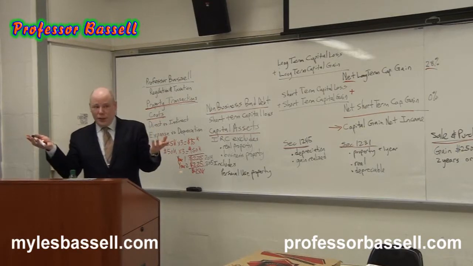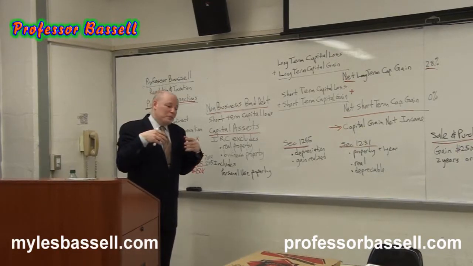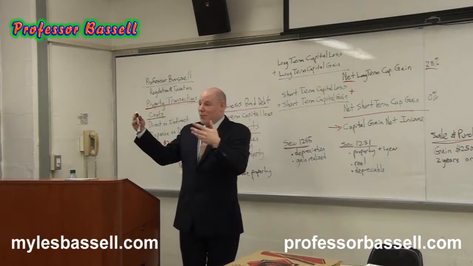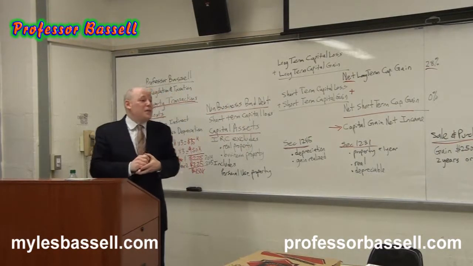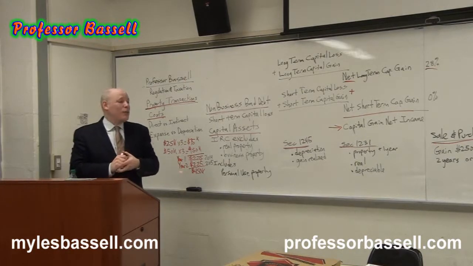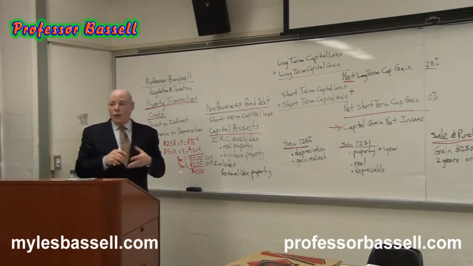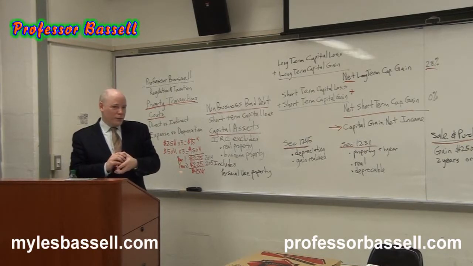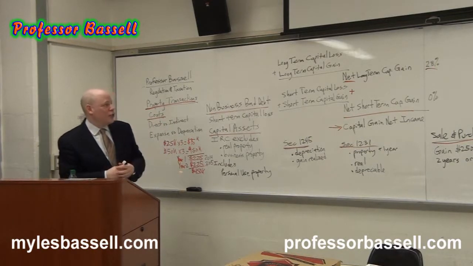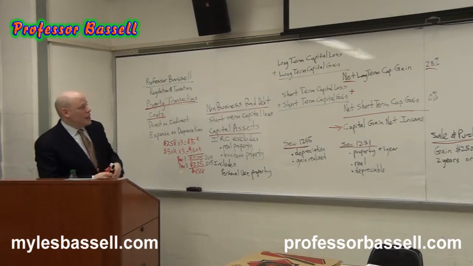That's going to be the proceeds. To find out if we made money, if we had a gain or a loss, we need to know how much we paid for those securities. We sold 1,000 shares. Well, how much did we pay for each one of those shares? That's the cost basis. We need to know what the cost basis is.